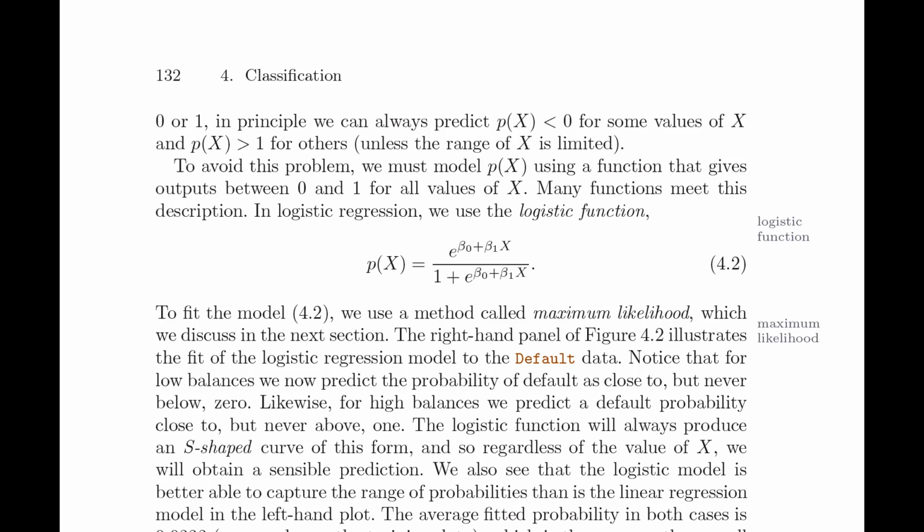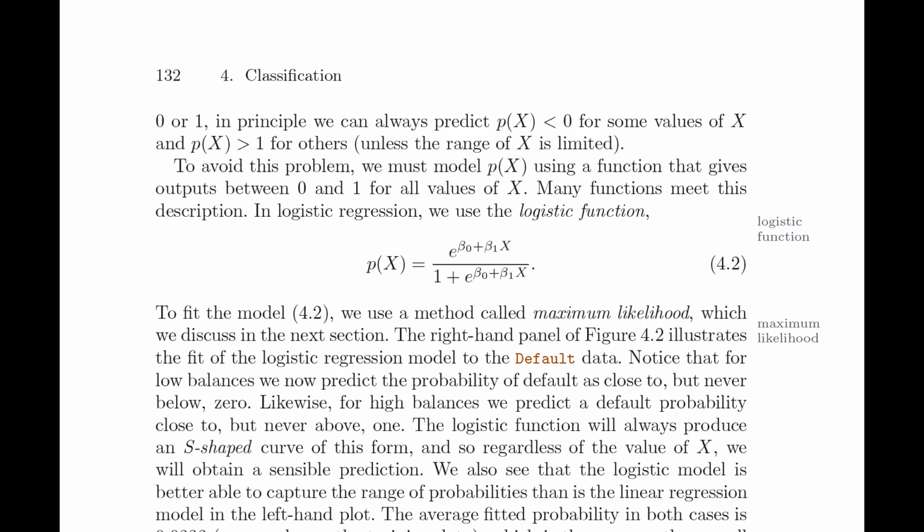Now we're coming to the right-hand panel. The right-hand panel of figure 4.2 illustrates the fit of the logistic regression model to the default data. Notice that for low balances, we now predict the probability of default as close to, but never below 0.